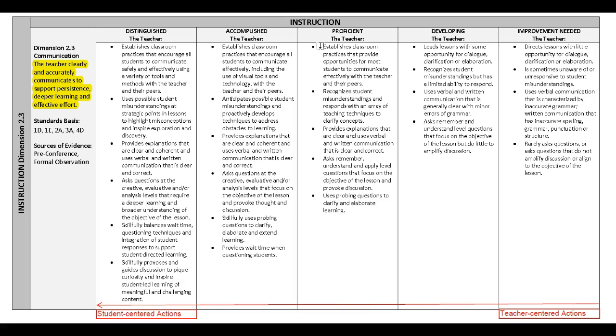So the first one states that the teacher establishes classroom practices that provide opportunities for most students to communicate effectively with the teacher and their peers.